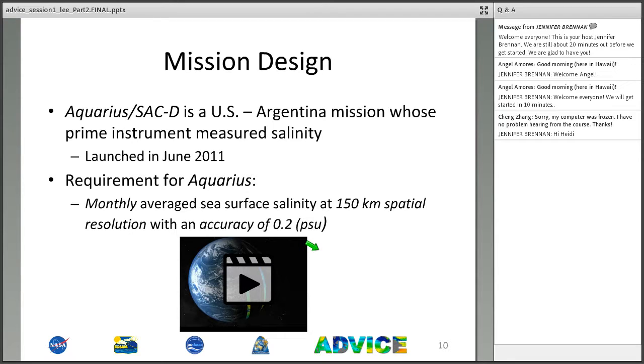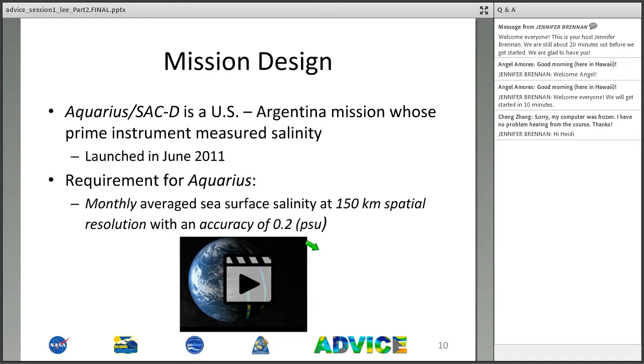The mission is a joint collaboration between NASA and Argentina's space activity commission, acronym CONAE, C-O-N-A-E. CONAE provided the spacecraft called SAC-D, which is a Spanish acronym that stands for scientific applications, and D is just the series of the SAC platform that CONAE provided.